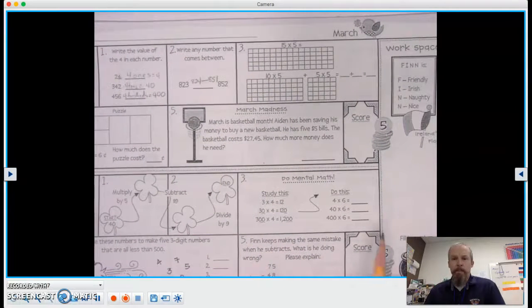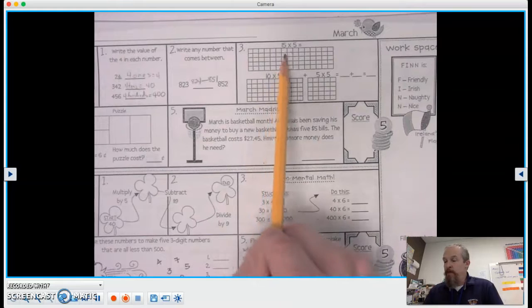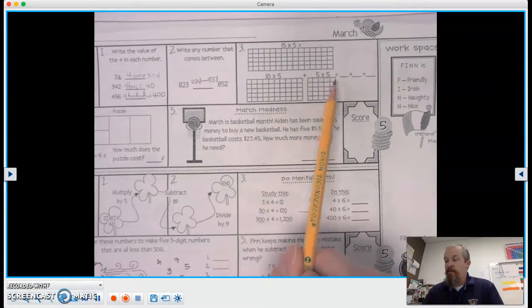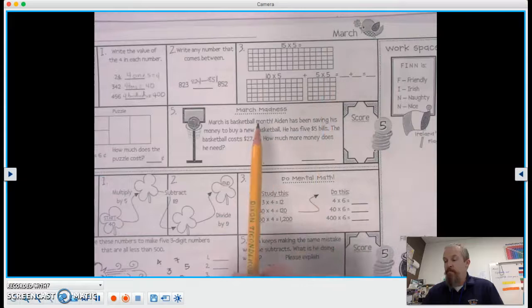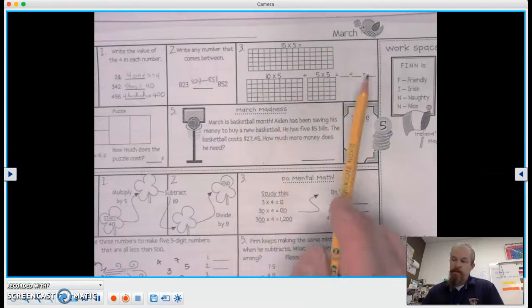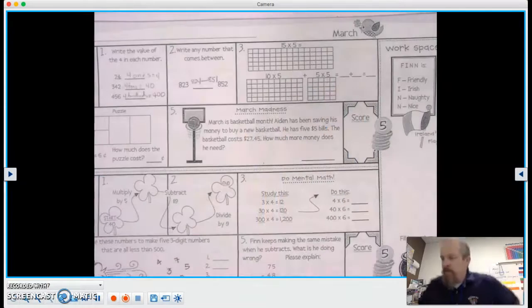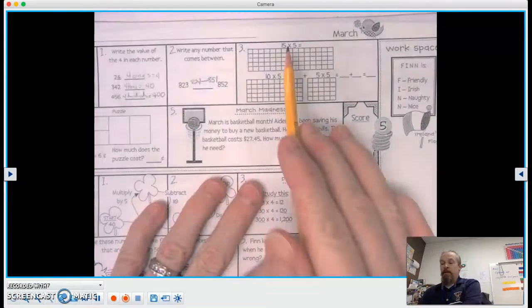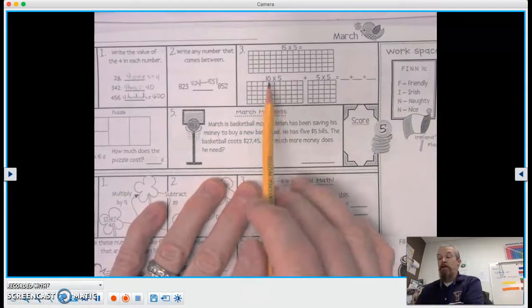Number 3 says 15 times 5 equals 10 times 5 plus 5 times 5. And then it says equals what plus what equals what. Okay, well, instead of 15 times 5, they're trying to make it a little bit easier by going 10 times 5.